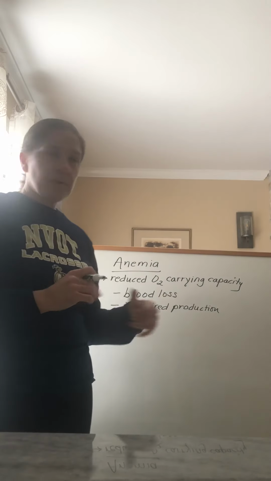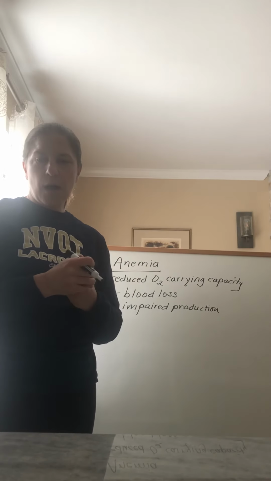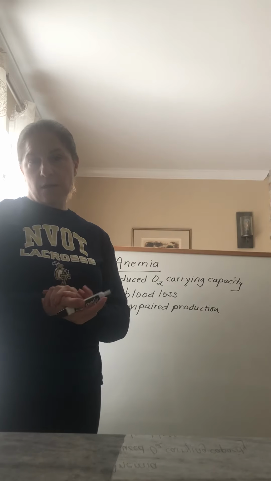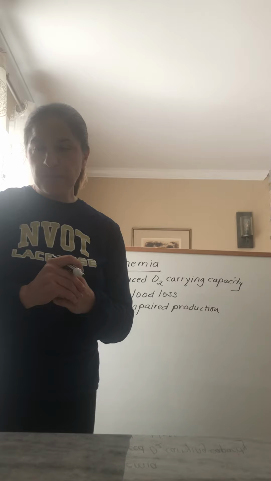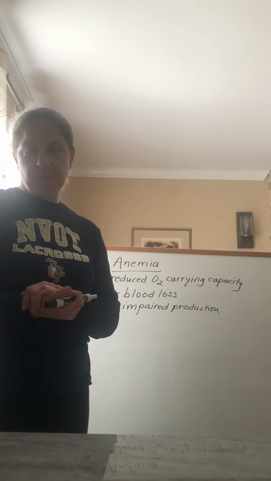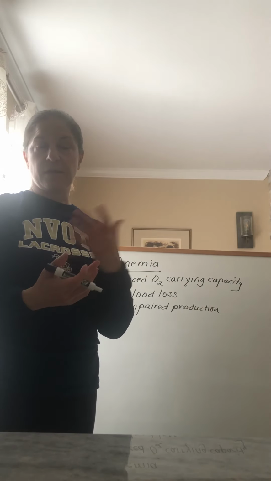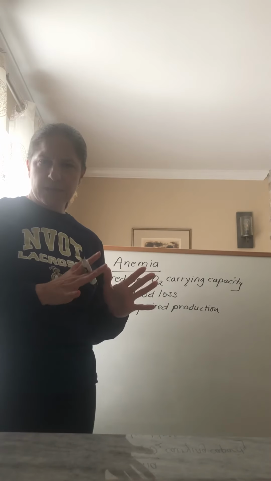If you have an impairment in the way the red blood cells are produced, maybe there's something with the bone marrow, maybe there's a change to erythropoietin, then that's going to compromise the ability for your patients to carry oxygen as well. Maybe there's an overall decrease in erythrocyte production, right? Maybe the hormone erythropoietin is not being produced correctly and acting in the way that it's supposed to.